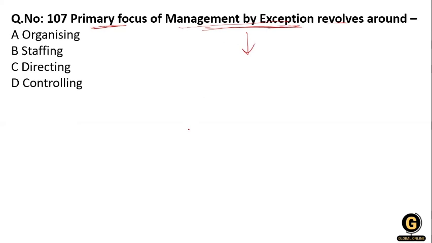The aim of management by exception is to point out the significant difference between the expected and the budgeted amount.